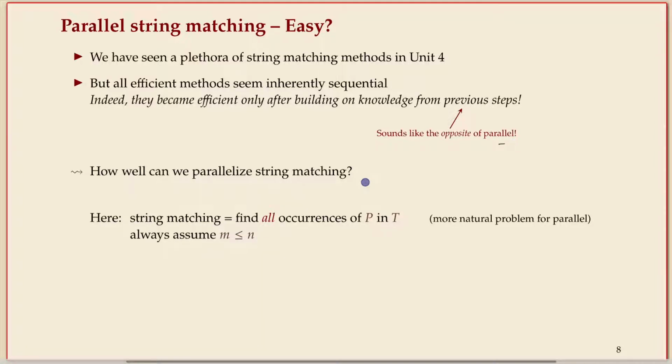Before we dive into the problem a bit more, I want to rephrase it to make it more natural and simple for parallel algorithms. It won't at the end affect the vote that we've had, but this makes it a little cleaner. In Unit 4, we said string matching is to find the first occurrence of the pattern in the text if there's one. Now I'll say just report all.